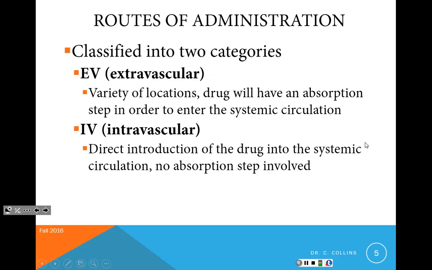There is no absorption step, because all the absorption process is to get it into the bloodstream. If we put it in there first, no problem. Anything other than directly introducing it into the bloodstream is considered extravascular.